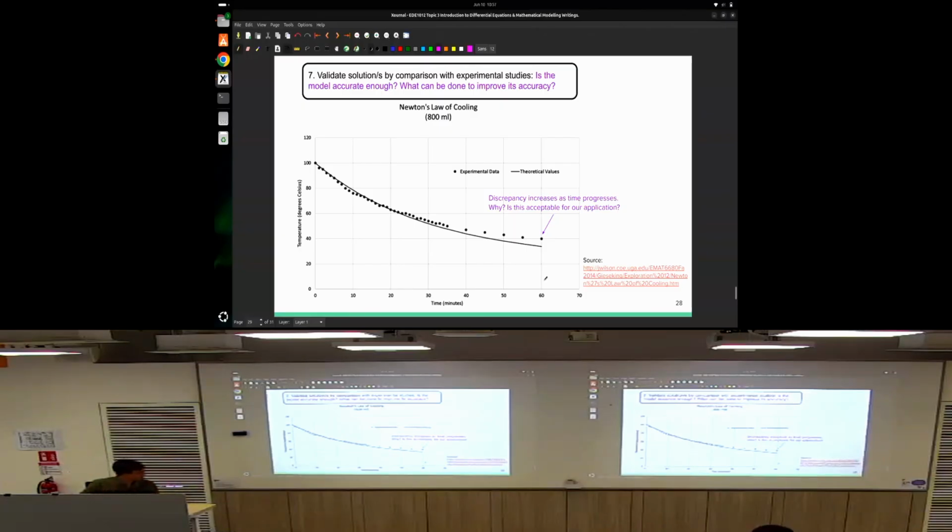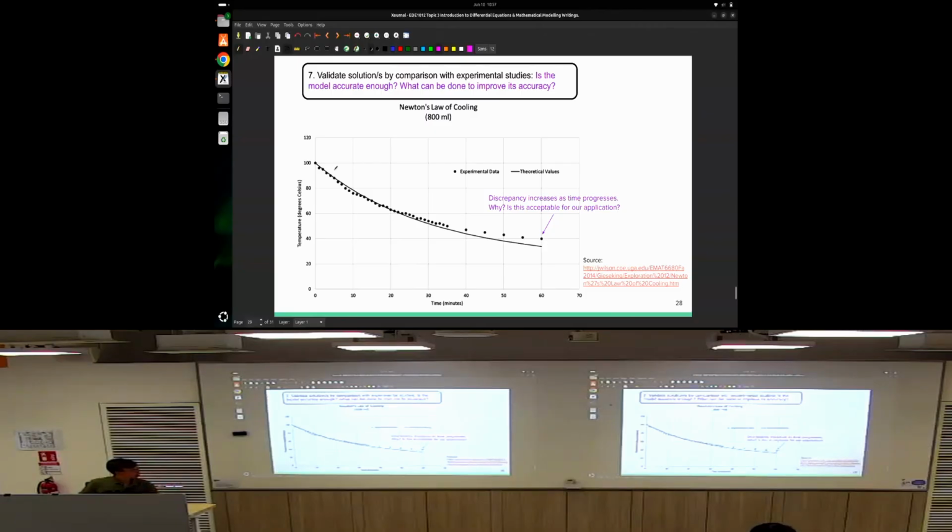If there's a discrepancy, then you have to ask yourself, can you accept that discrepancy or not? If you cannot accept, then you have to find out what causes the discrepancy and what in your model you did not consider. This means your theoretical model didn't agree with the actual phenomenon that closely.